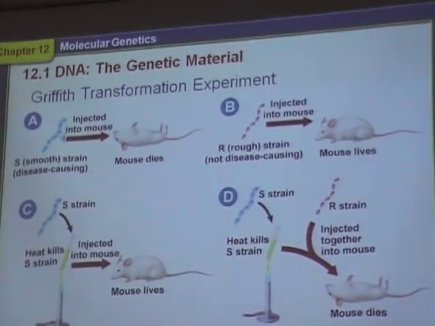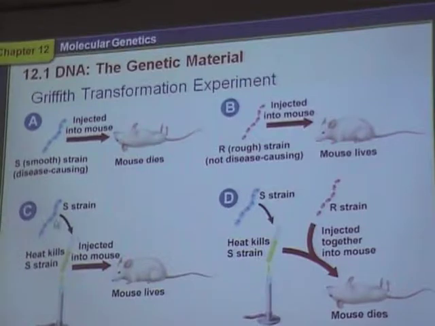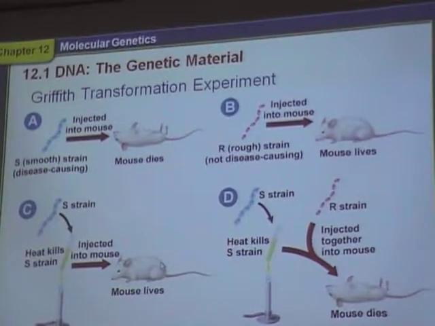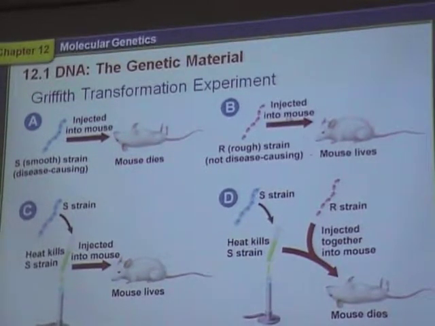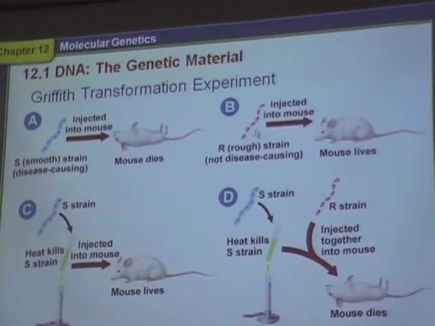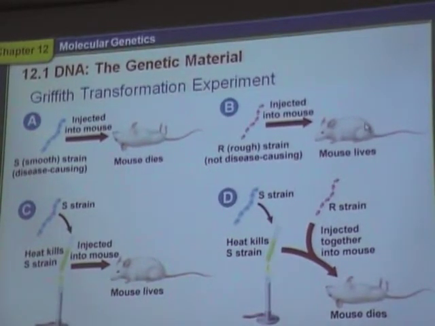So this kills the mouse, but if you heat it up, the mouse lives, and if you inject this R strain, the mouse lives. So both of these don't kill the mouse.